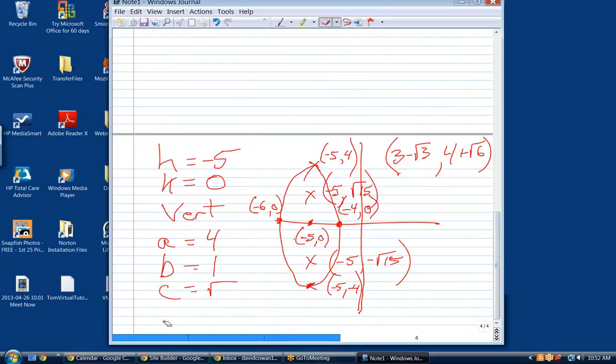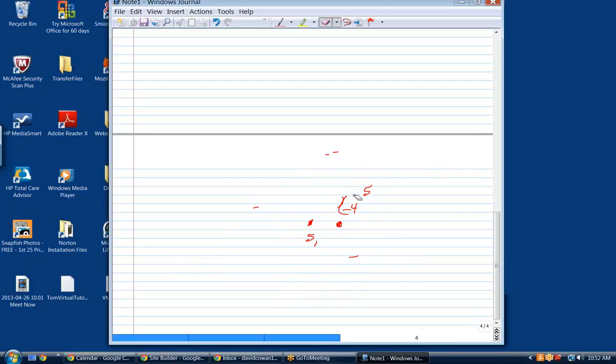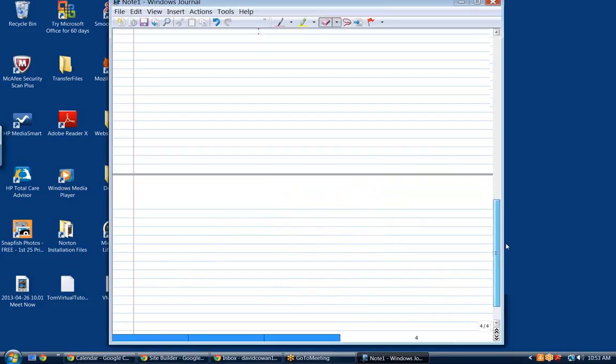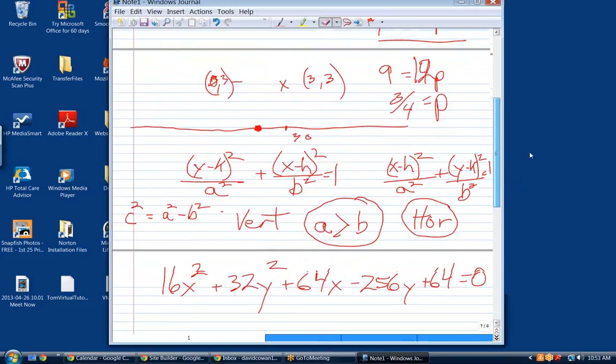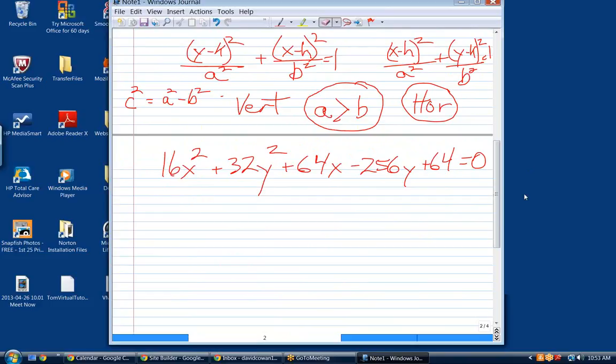But hold on. I have to go through this process because I want to always have that top available. Okay, so what's the first thing I'm going to write?